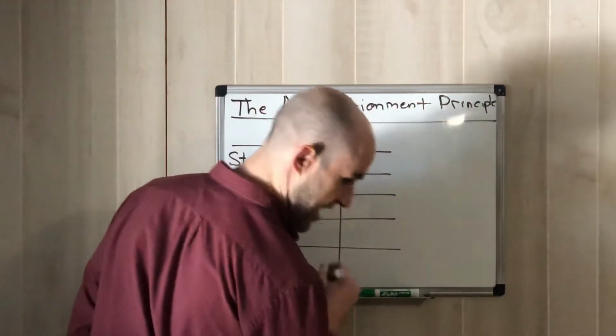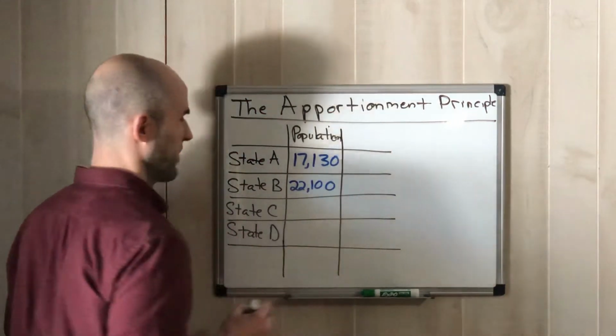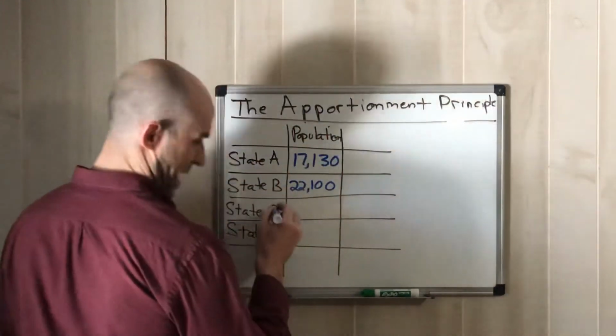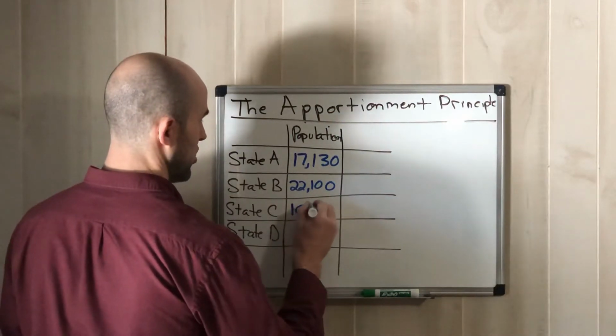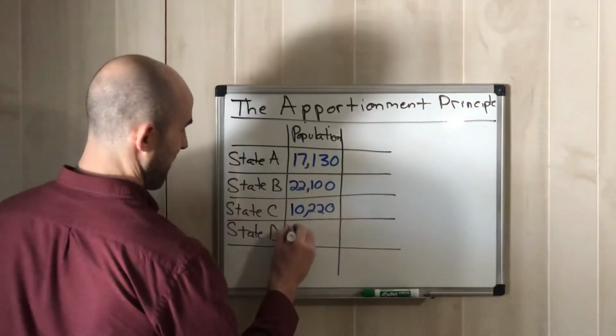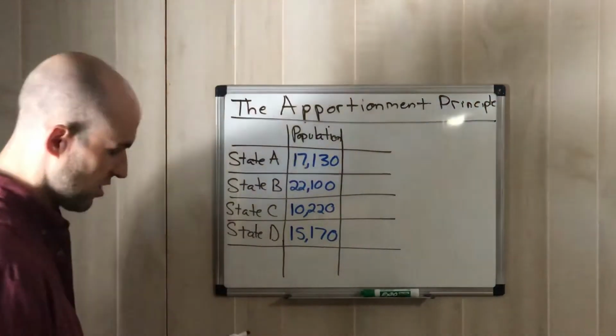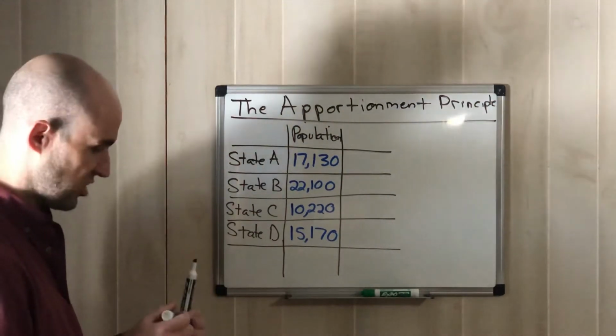State B is going to have 22,100 people. State C is going to have 10,220 people. And state D is going to have 15,170 people, right? So this is how many people are in each state.